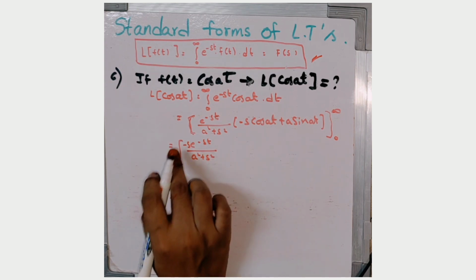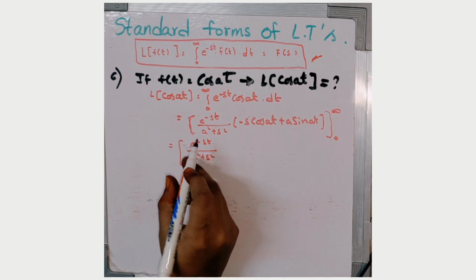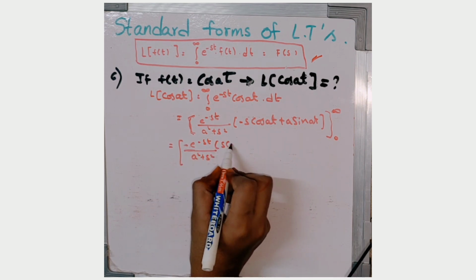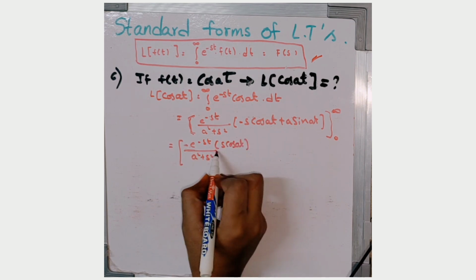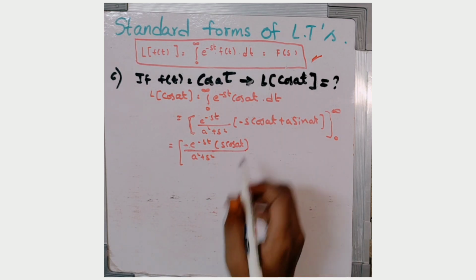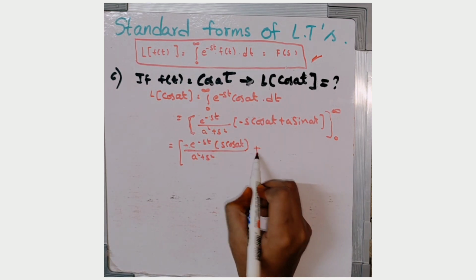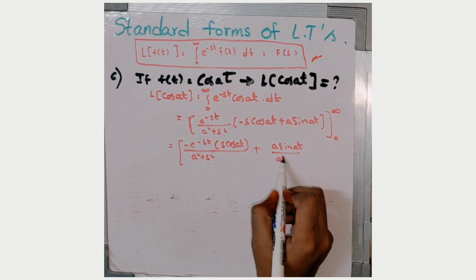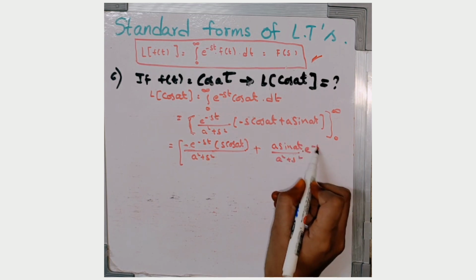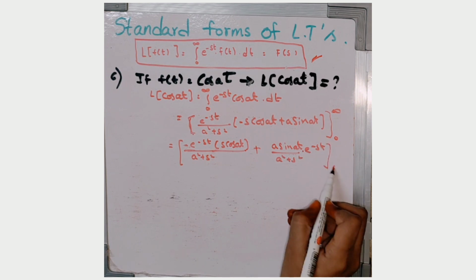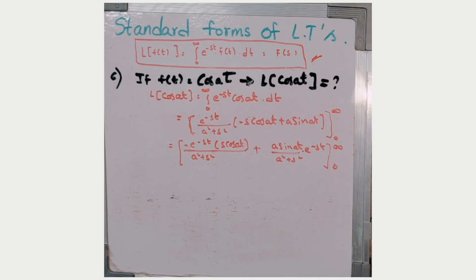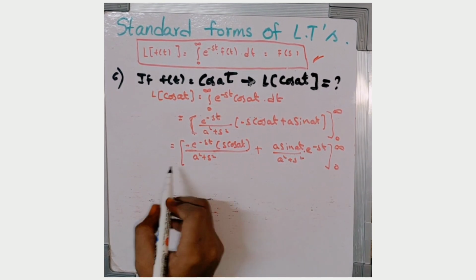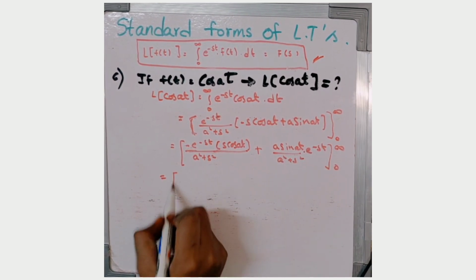I'm so sorry, minus, I'm writing here, s cos at, plus a sine at by a square plus s square into e power minus st, and limits are 0 to infinity. Now apply the upper limit and lower limit for both these things.